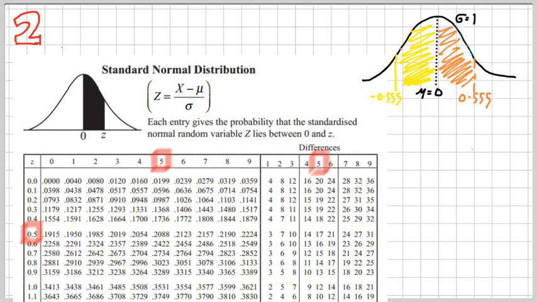Now I do realize that you can have more decimals, but this table does not allow for that. So the probability we're concerned with is 0.2088, but considering the differences column, we also need to add 17 onto that. So in terms of our answer there, we're going to get 0.2105. Now remember, this is only the orange part.